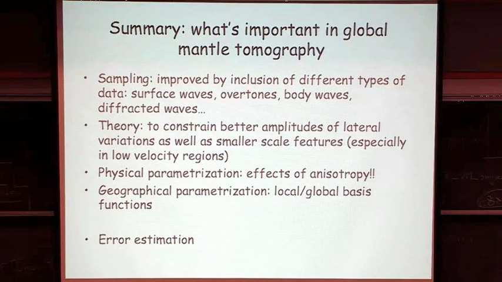So, I can think of many studies that have addressed something in a very particular region, again, looking at precursors or postcursors of such and such a phase that will tell you something about the scale length of some heterogeneity in some particular region.